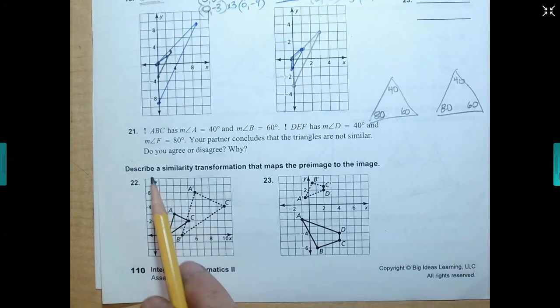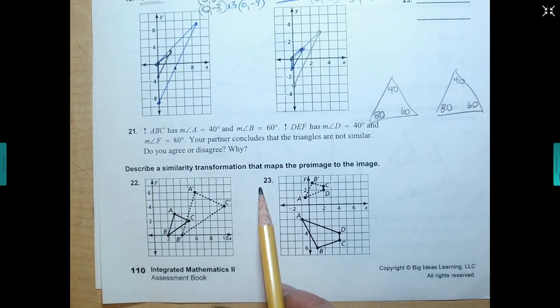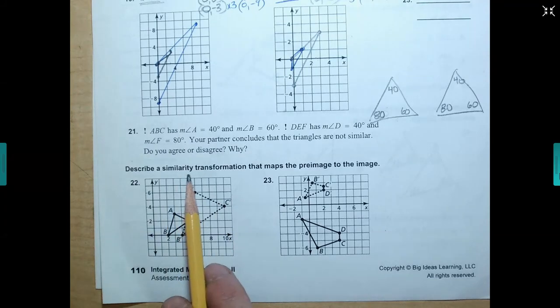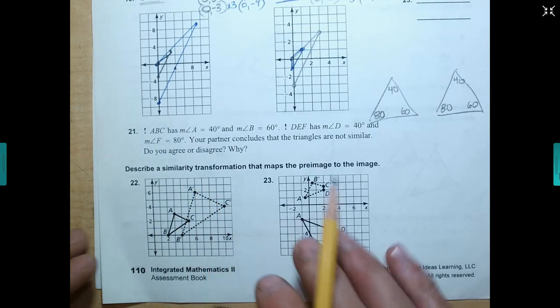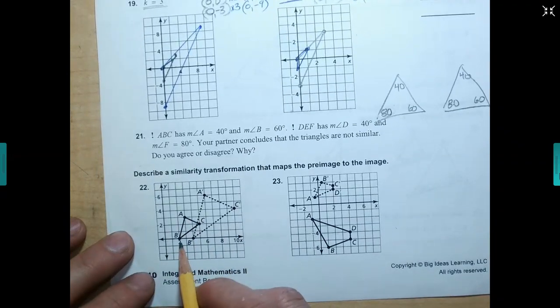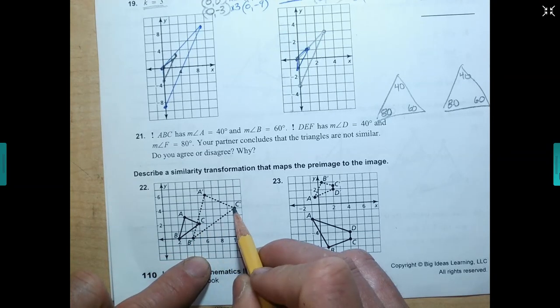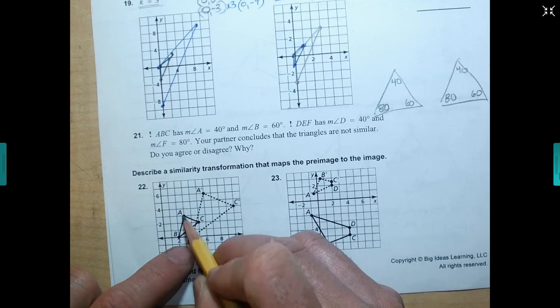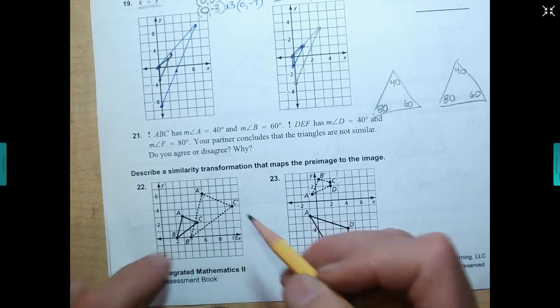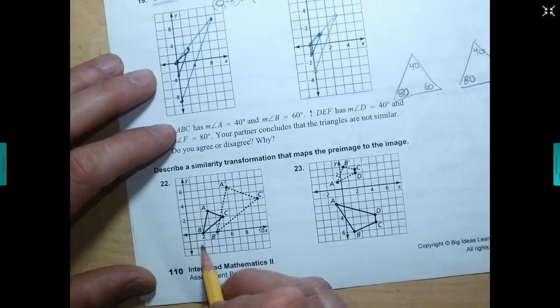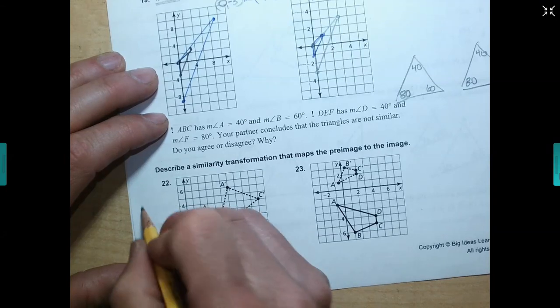All right, 22. Here we go. Describe the similarity transformation. So I went from 2 to 4. I went from 5 to 10. I went from 3 to 6. Let's just look at it. So I've got 2, 0.